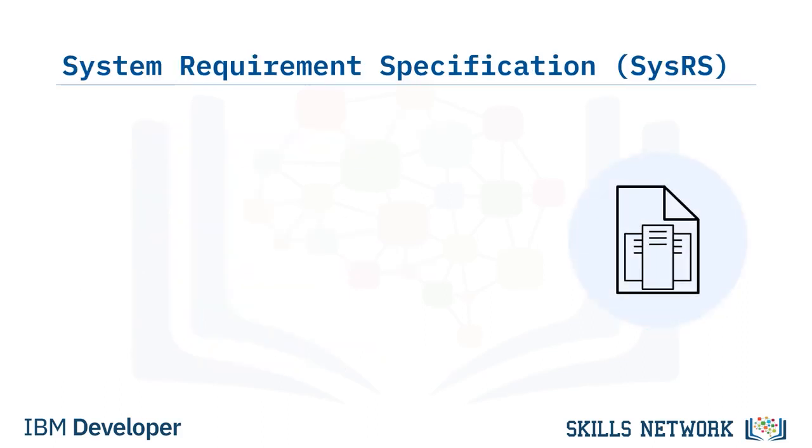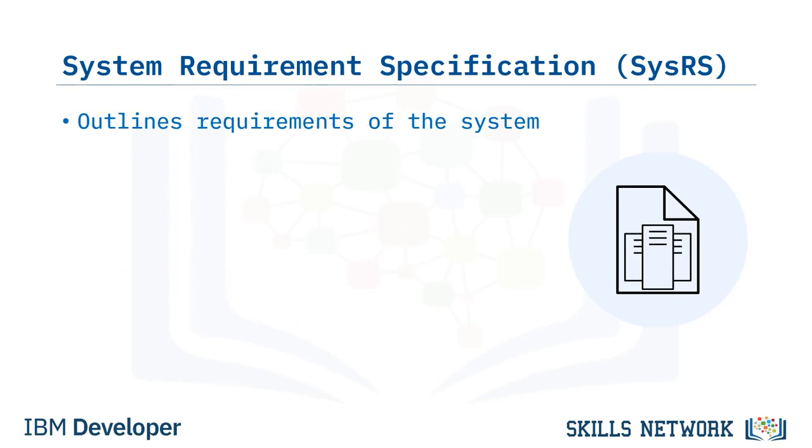The System Requirement Specification document, or SysRS, to differentiate it from the SRS, clearly outlines the requirements of an entire system. The System Requirement Specification is often used interchangeably with Software Requirement Specification, but the SysRS is actually broader in scope than the SRS. Many software projects develop an SRS rather than a SysRS.